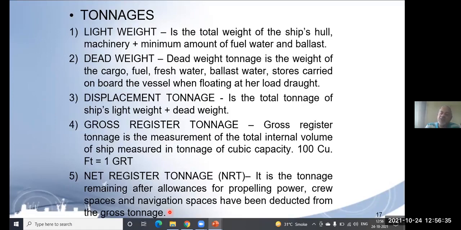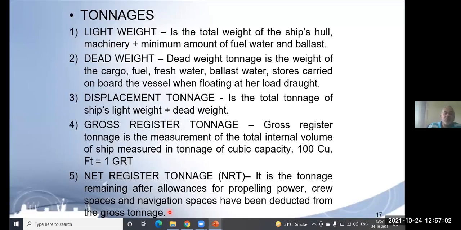If the ship is light, then it will not be able to take the weather very easily. Weather means waves, swell, wind. So the ship will blow away, no? It requires a certain weight, and that weight is taken as seawater. Seawater is put inside the ship in the designated tanks. So that is ballast.